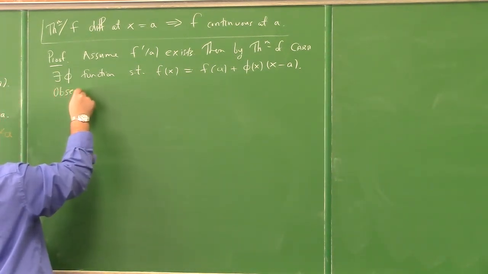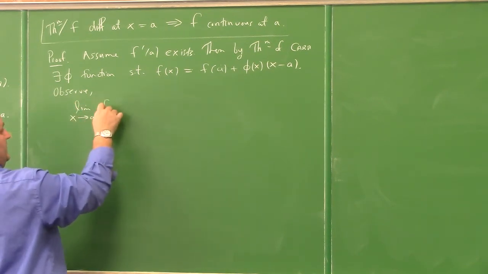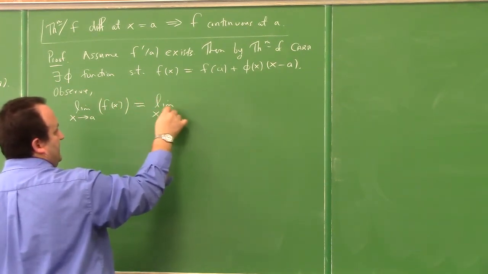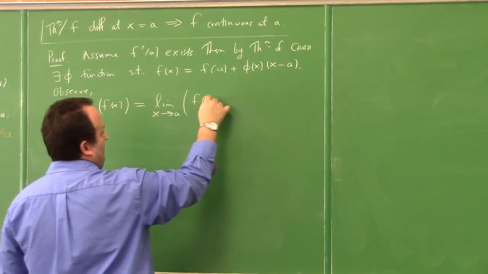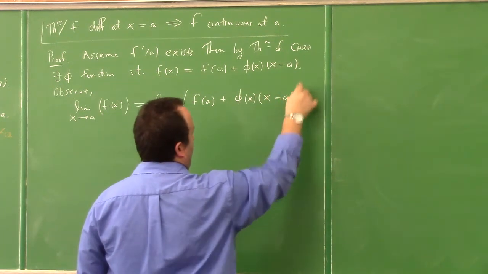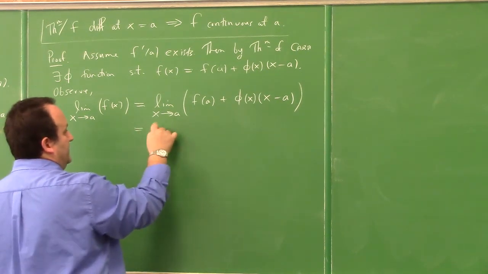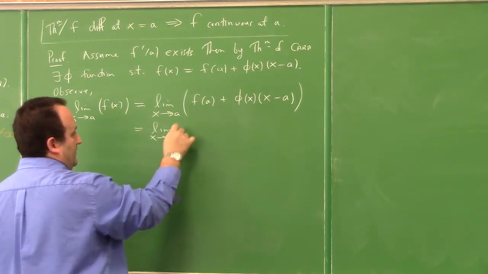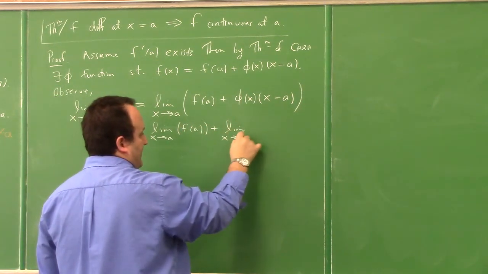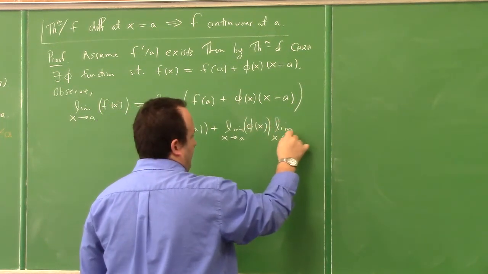Observe the limit as x goes to a of f of x is the limit as x goes to a of f of a plus phi of x times x minus a. But this is the limit as x goes to a of f of a plus the limit as x goes to a of phi of x times the limit as x goes to a of x minus a.